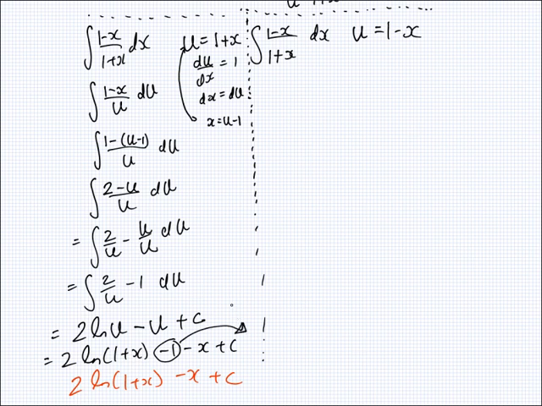It can be absorbed into the c. So we're saying there's plus a constant at the end. If I said plus a constant or plus a constant minus 1, it's still plus a constant. So we're perfectly fine to drop the minus 1 if we like. Not necessary, but you can.